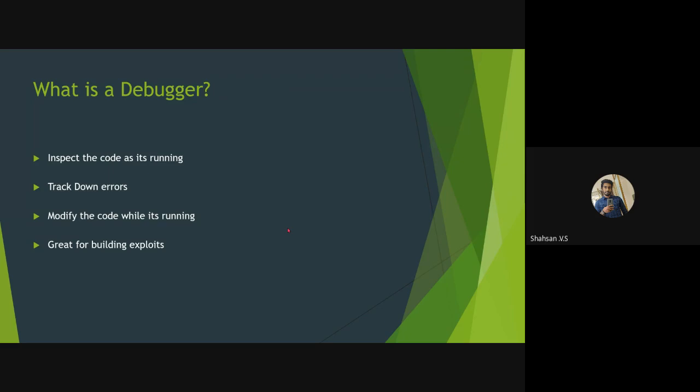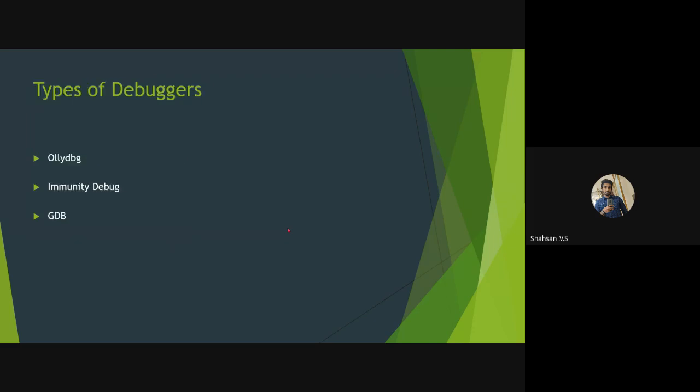Any tool which can debug is called a debugger. A debugger can inspect the code as it's running, track down errors, and modify the code while it's running. Great for building exploits. There are various types of debuggers. OllyDbg is a debugger used to analyze in cases where source code is not available.